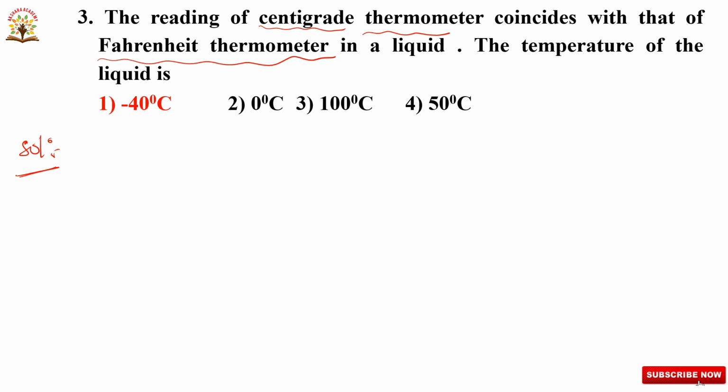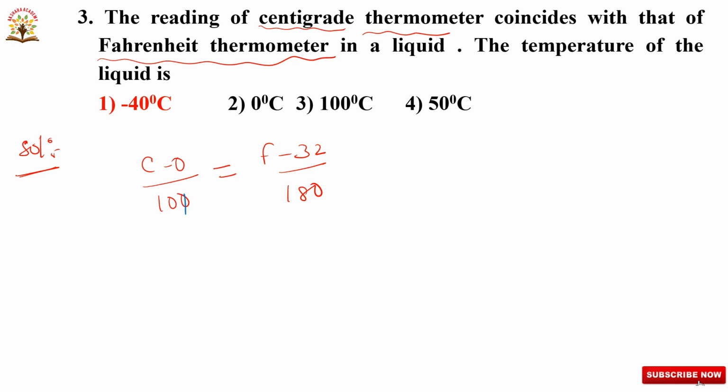Given centigrade thermometer and Fahrenheit thermometer are same. So we are writing, from the given formula, C minus 0 by 100 is equals to F minus 32 by 180. This is the relation between centigrade and Fahrenheit.